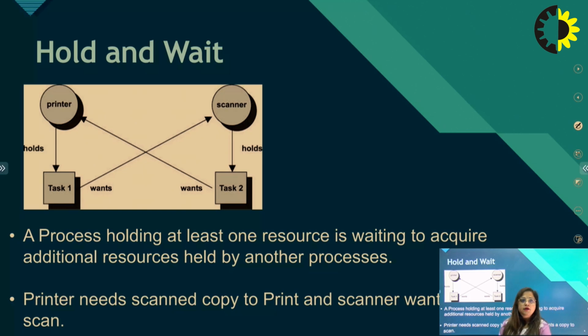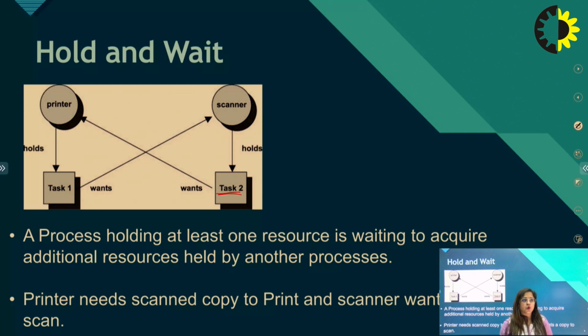Now comes the second condition, hold and wait. Take the example of a printer and scanner, with task 1 and task 2 as the resources. The printer holds the first task and requests the second task also. The same condition applies to the scanner: it holds task 2 and wants task 1 also.